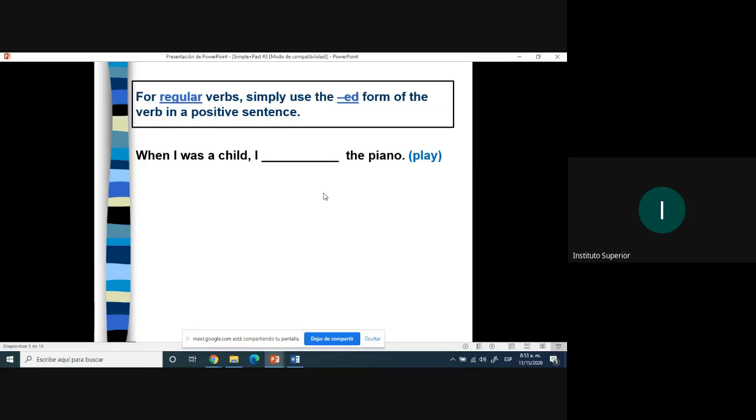Can you read the whole statement, please? Can you read the whole sentence, please? Okay. When I was a child, I played the piano. Okay, very good.